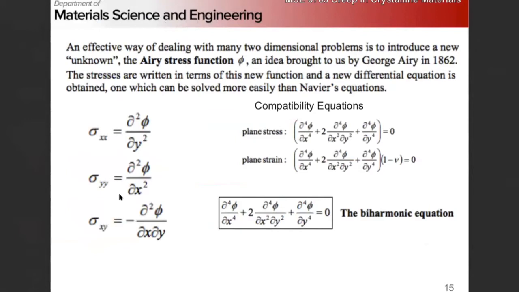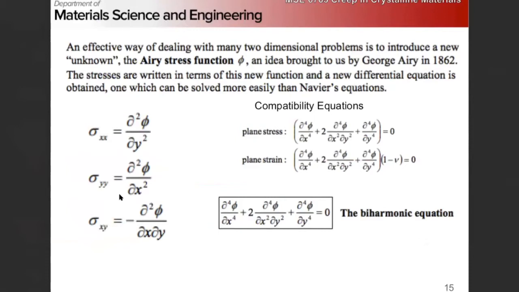So we define some function such that the second derivative of it with respect to y is our stress, our xx component. The second derivative with respect to x is our yy component. And the mixed second derivative is our shear component. It's only defined for 2D problems.